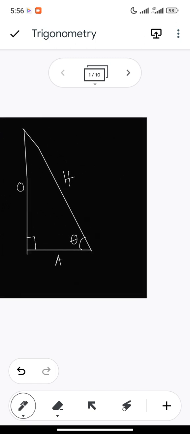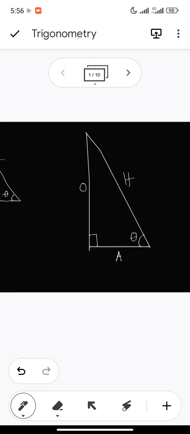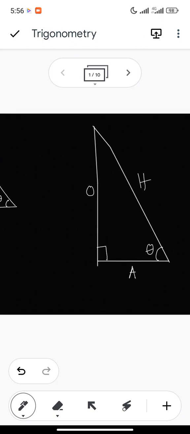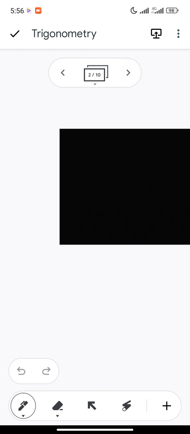Now, a man named Pythagoras came about to say that the three sides of a right angle triangle are interrelated. So he said that when you square the hypotenuse, it gives you the opposite squared plus the adjacent squared. So this is what a man called Pythagoras said about a right angle triangle. So we're going to be applying these two principles, SOHCAHTOA and Pythagoras, to solve.